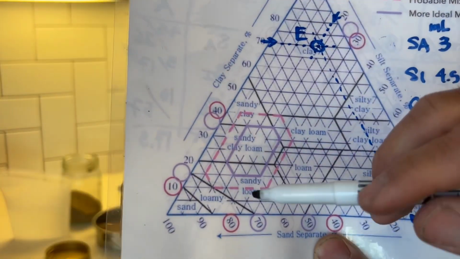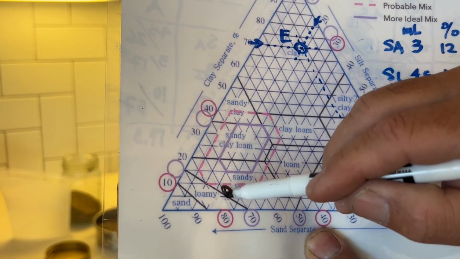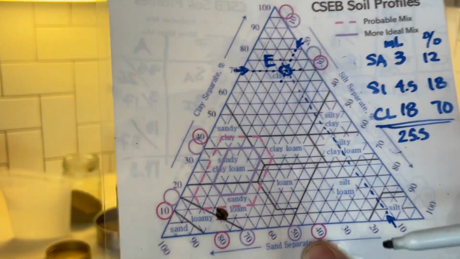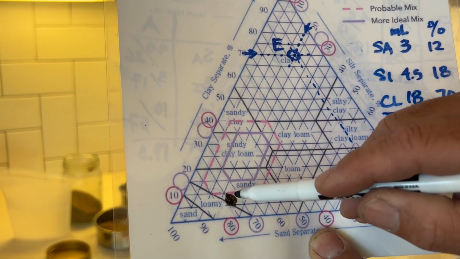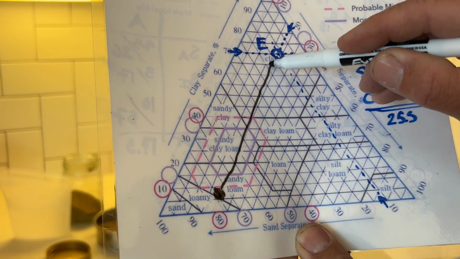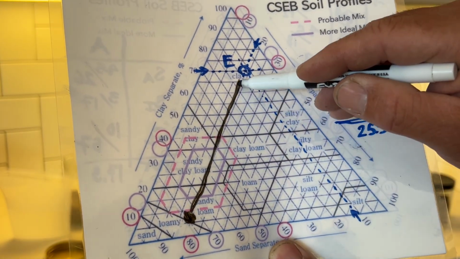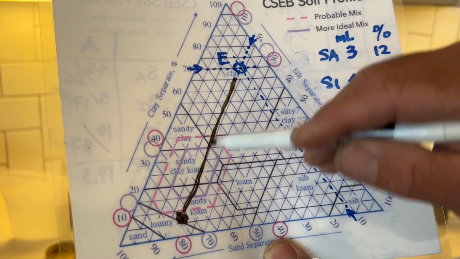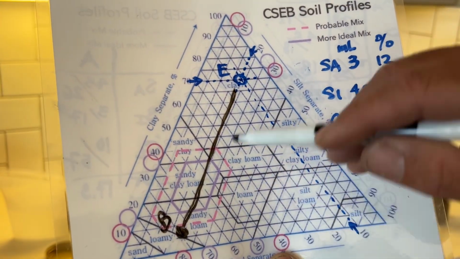So let's say the sandy soil is over here. You've got a really sandy soil source that you can supplement with your local site sources. So this line, depending on your relative proportion in your mix between these two, so this is type B.